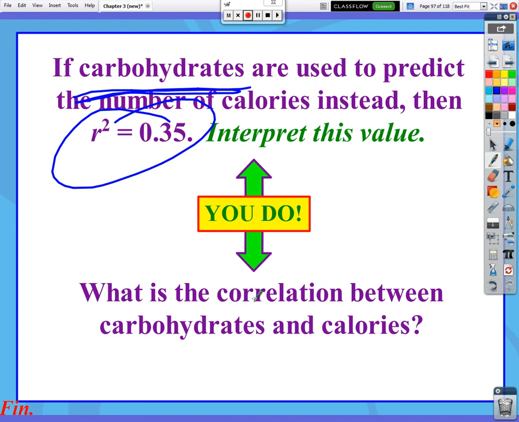And then a secondary question I want you to explore is, what is the correlation coefficient, or what is the correlation between carbohydrates and calories? So again, remember correlation, that's r, and I gave you r squared. So I'll let you do the math to figure that out. And that is all for video 6.